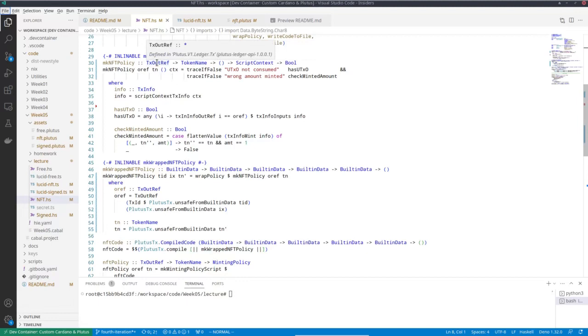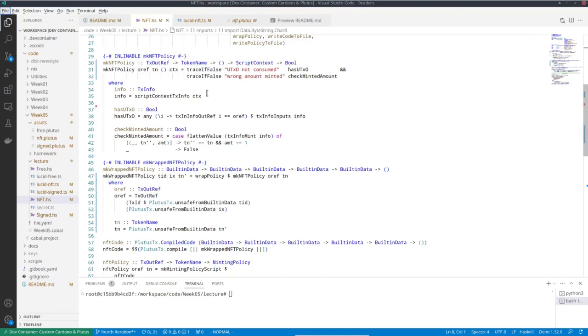And the condition will be that we mint exactly one coin with this token name and that the minting transaction consumes this TX outref. And as I just explained, this will guarantee that there will only ever be one coin with this currency symbol, the currency symbol given by applying these two parameters to this script.